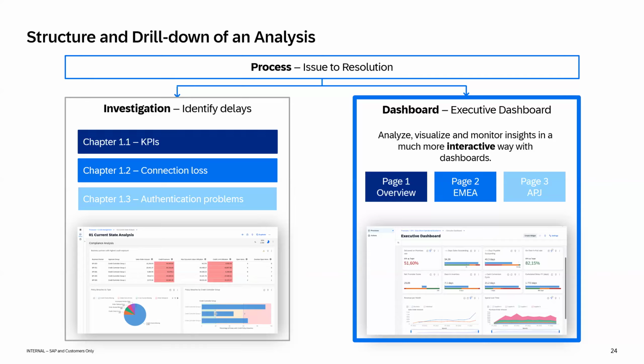So there are advantages to both. We prefer the dashboard right now, but the investigation is also a nice way to go in and maybe do your own personal investigation before you have something presentable. A dashboard's really good for something presentable, probably the best thing to use, but it's really two different ways of visualizing the same thing.